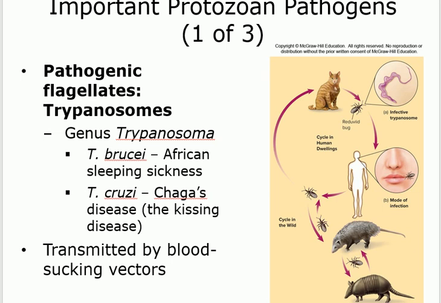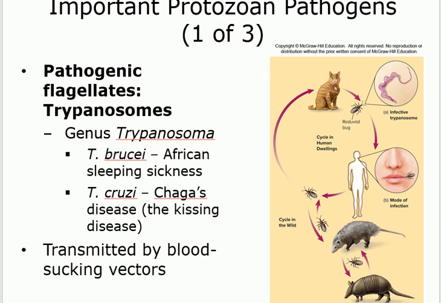Trypanosoma is transmitted by blood-sucking vectors, insects or something like that, whatever vectors that can suck blood. They suck the blood from one person, including these trypanosoma, and then they inoculate that in another person's blood. So this is how it's transmitted. Are we okay so far? And how do they move?